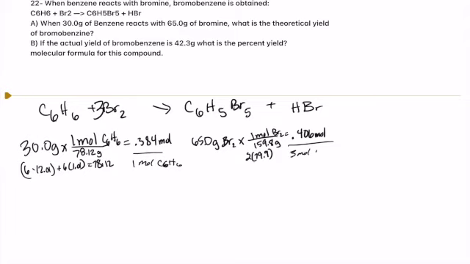And remember that the smaller number that results here will end up as our limiting reactant. We're going to run out of it first. And it looks pretty obvious already that bromine is going to be our limiting reactant.